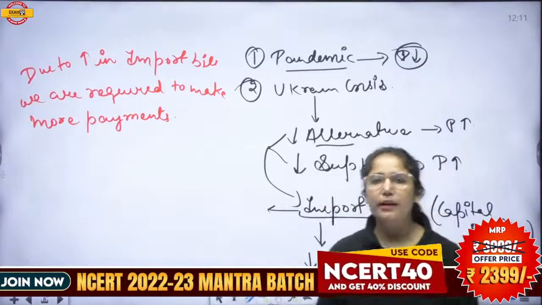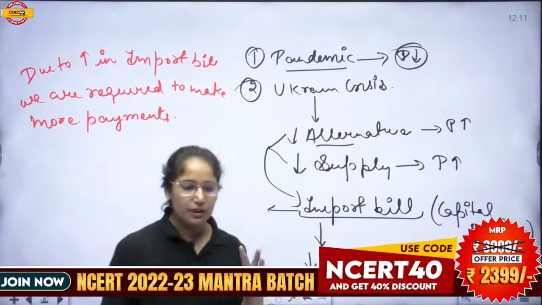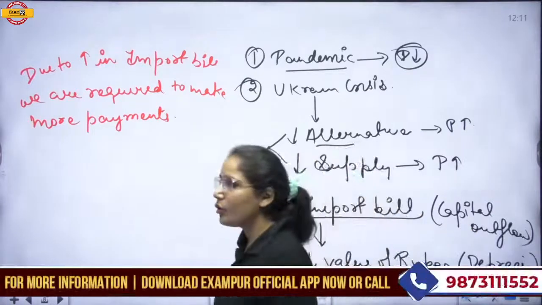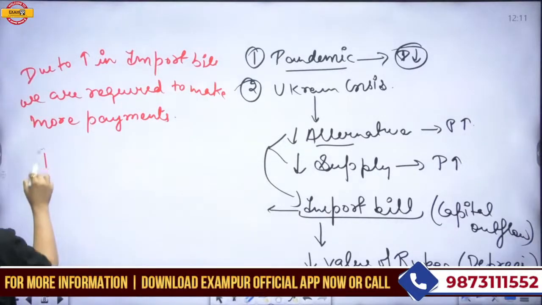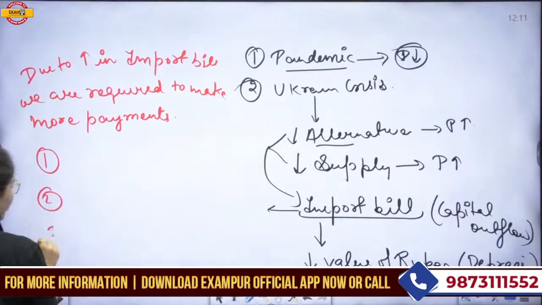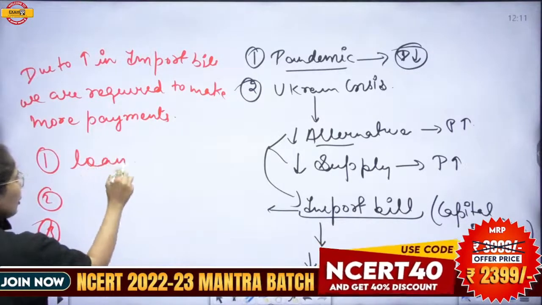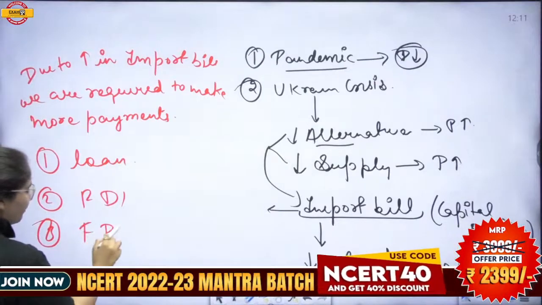We would require oil for transportation, and transportation is the baseline for every segment of the economy, right? So it is inelastic demand. We can go for many sources. We have options in that segment. Either we can take a loan, or we can go for FDI, and we can go for FPI.